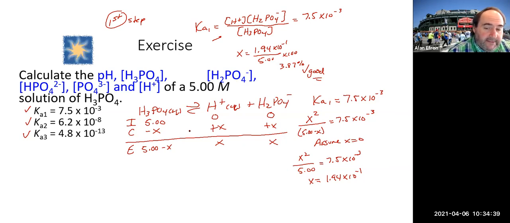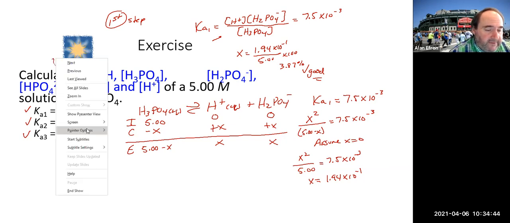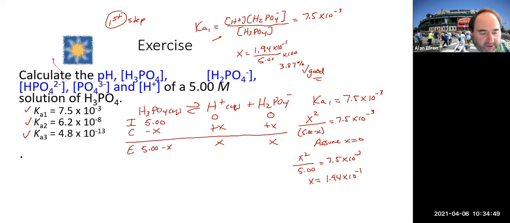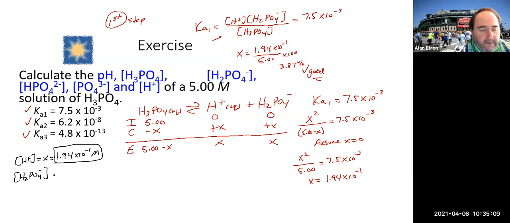Well, based off of our first ICE table here, we did figure out a number of the answers we were looking for. We know that the concentration of H plus will equal X, so that means it is 1.94 times 10 to the minus 1 molar. So we got that. We also see from the table that the concentration of H2PO4 minus would also equal X, which means it would be 1.94 times 10 to the minus 1 molar.